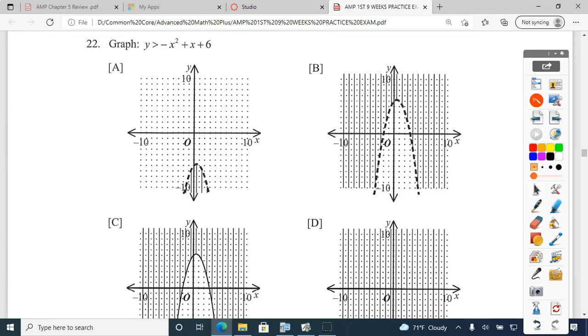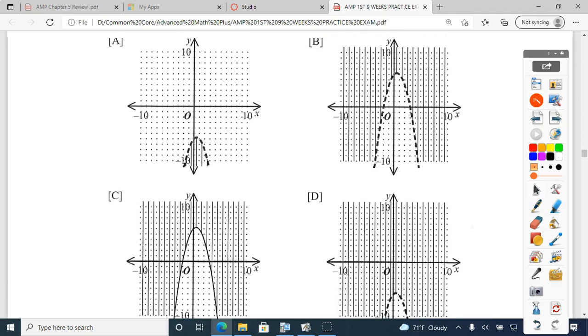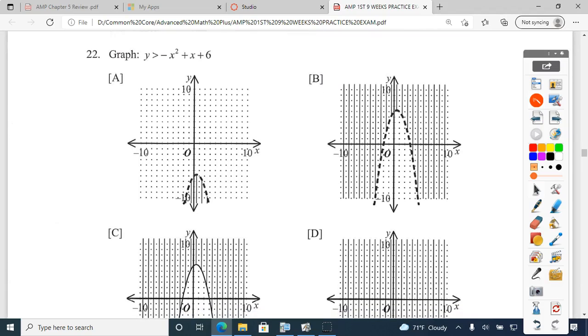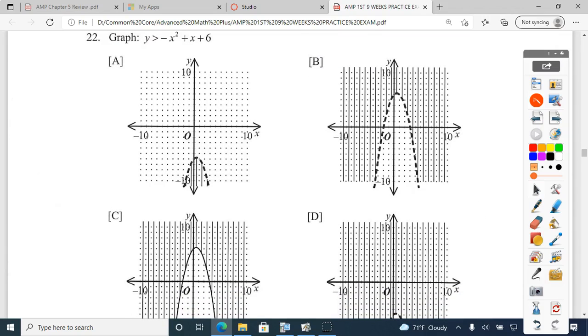22. We have to graph this. Now, I told y'all yesterday, you can kind of use process of elimination here. I know, first off, that it's a parabola because there's an x squared, which all of them are. I also know since it's just greater than, okay, it's going to be a dotted line.